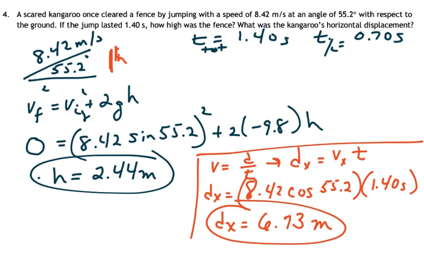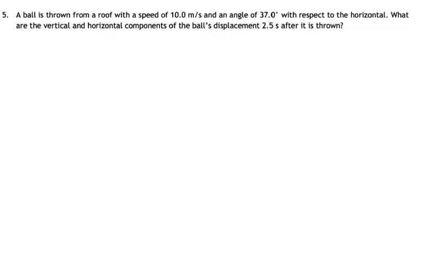All right, let's go on to the next one. Actually, for the last couple, I'm mostly just going to give you the answers and the setup. So, picture's pretty easy. It's at 37 degrees, 10 meters per second.